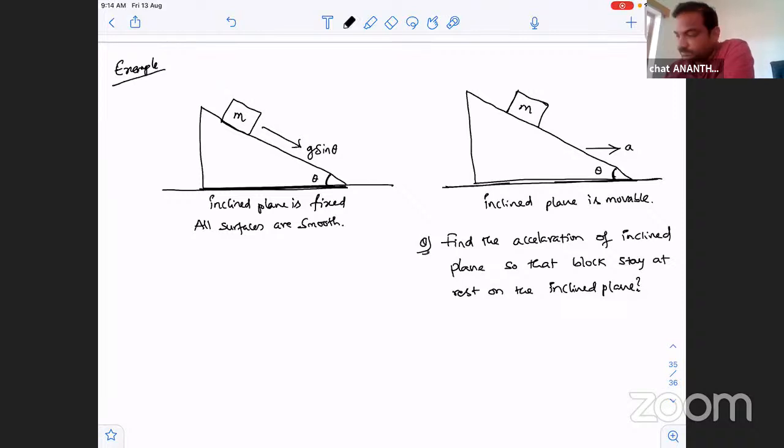Any answer? Parallel is saying g cos, g sin. Parallel, what is the answer for this question? You are saying g cos?